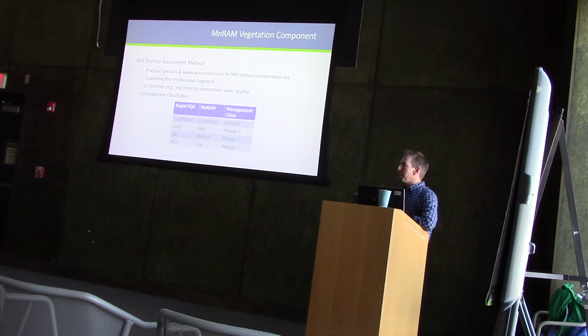There was a technical committee, folks from Bowser and the Corps were there, all veterans, and they said that, hey, you could just substitute Rapid FQA for the MinRam veg component. And then when you're entering those results into the MinRam database, you just translate them into that language. But when you're making your report, you can say, hey, I did Rapid FQA for the veg component.